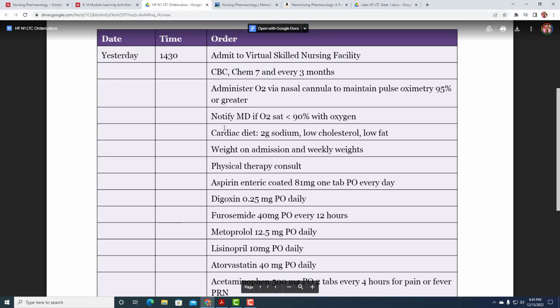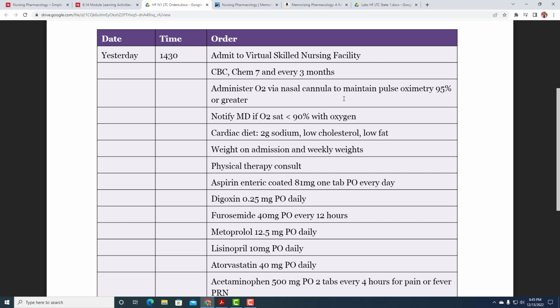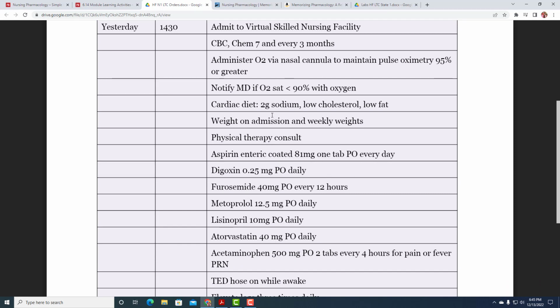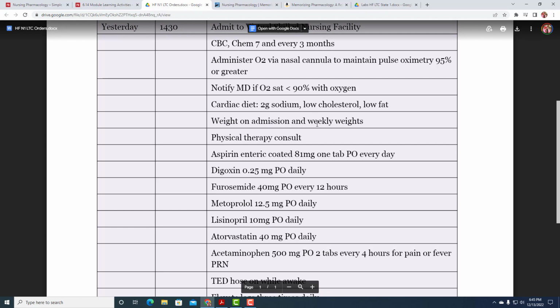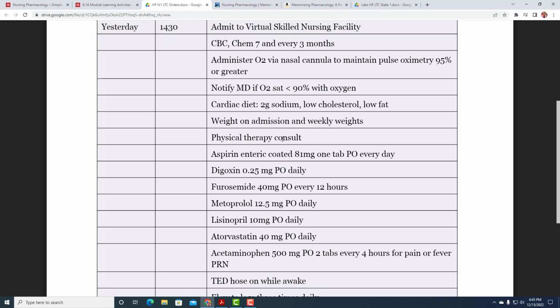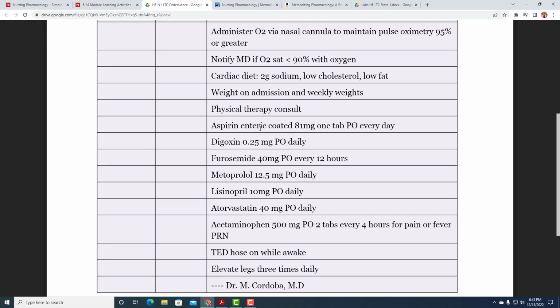We see that he's admitted to a virtual skilled nursing facility, CBC, Chem 7, and every 3 months. Administer O2 via nasal cannula to maintain pulse oximetry 95% or greater. Notify MD if O2 sat is less than 90% with oxygen. Cardiac diet, 2 grams sodium, low cholesterol, low fat. Weight on admission and weekly weights. Physical therapy consult.